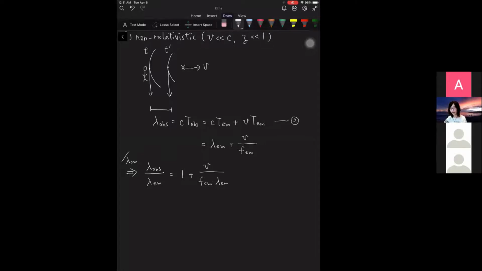And we know that f times lambda is just the speed of the wave, which is the speed of light, right? So that gives us 1 plus v over c.